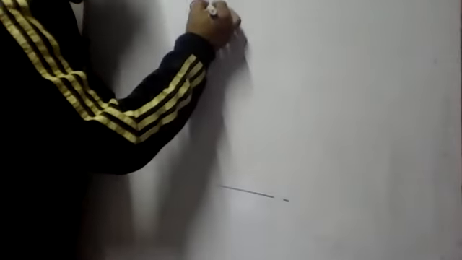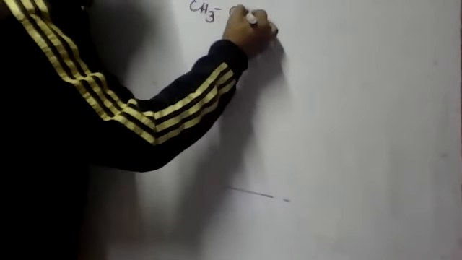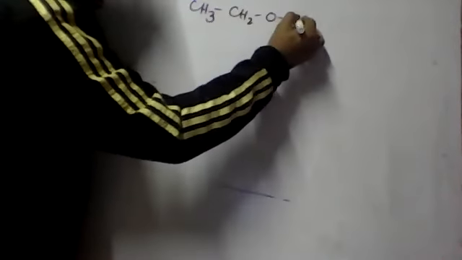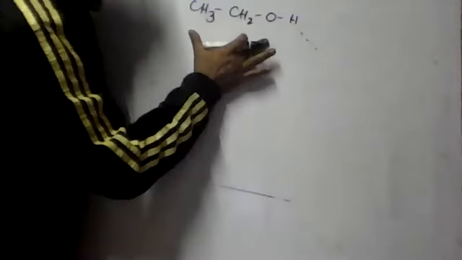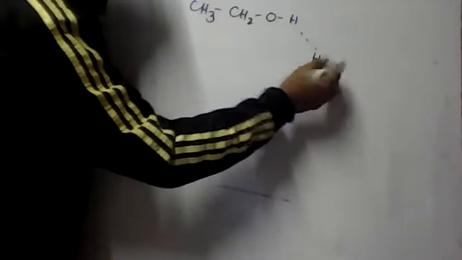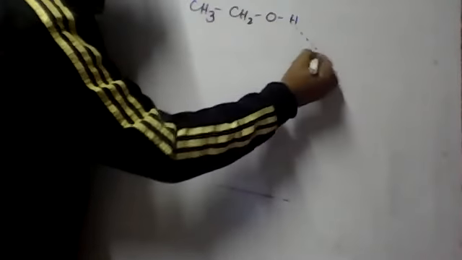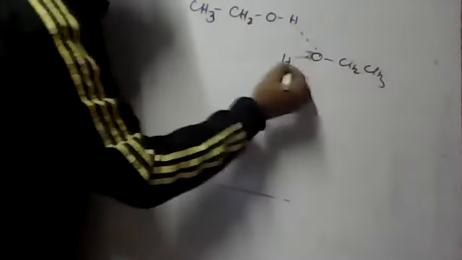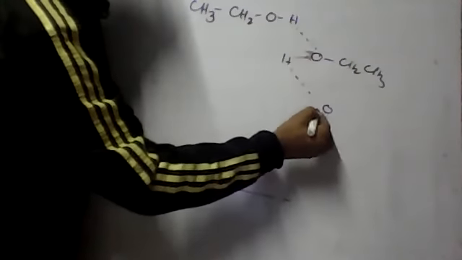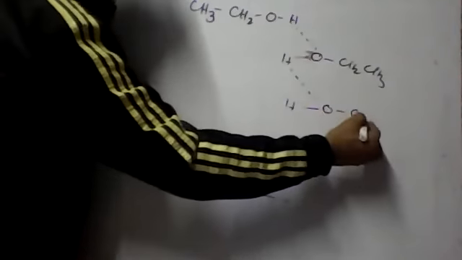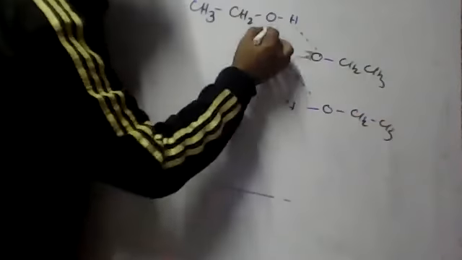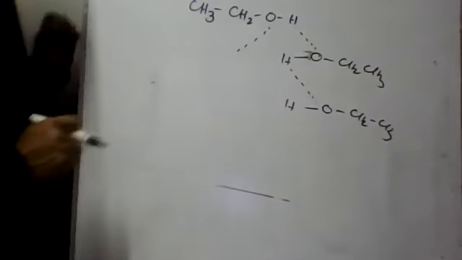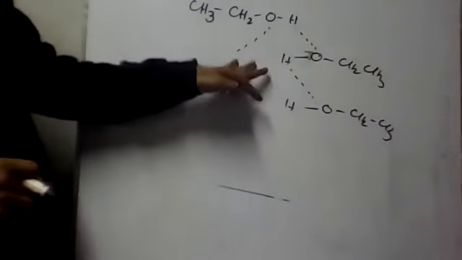Alcohol. Because you have to show the hydrogen bonding with alcohol only. Suppose the ethanol, it can form hydrogen bond with another alcohol's oxygen. So unlimited hydrogen bonding between alcohols, so alcohols are more associated.